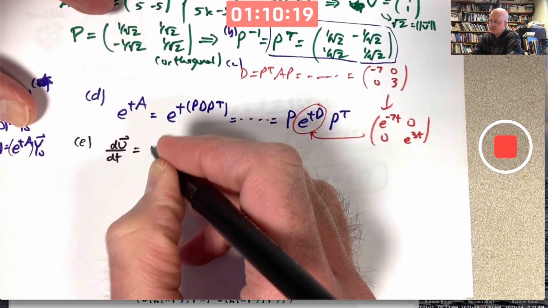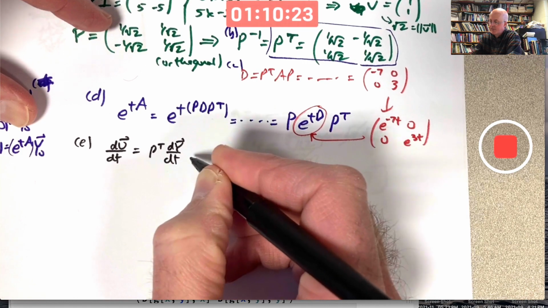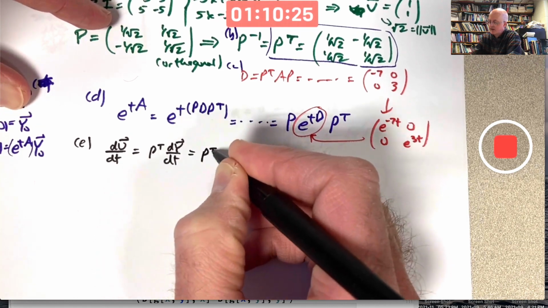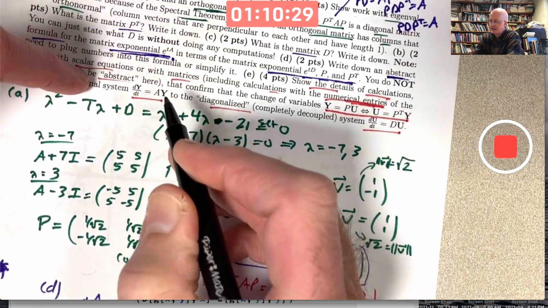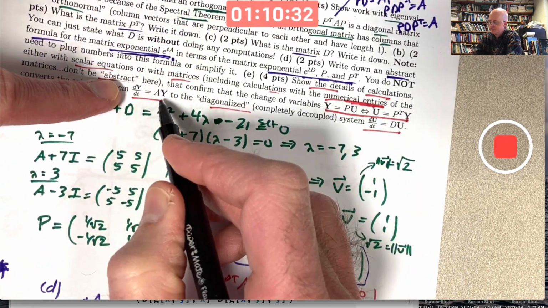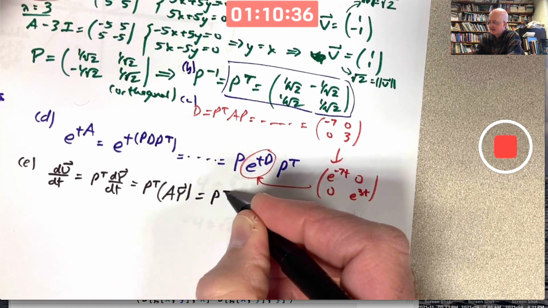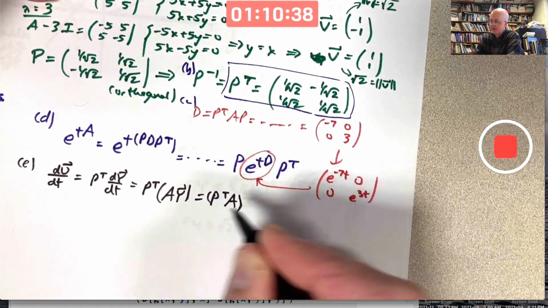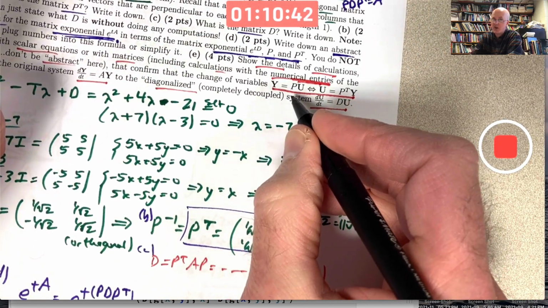This becomes P transpose times the derivative of y with respect to t. But the derivative of y with respect to t is A times y. I'm assuming y satisfies this differential equation. But y can be replaced by P times u, Pu.